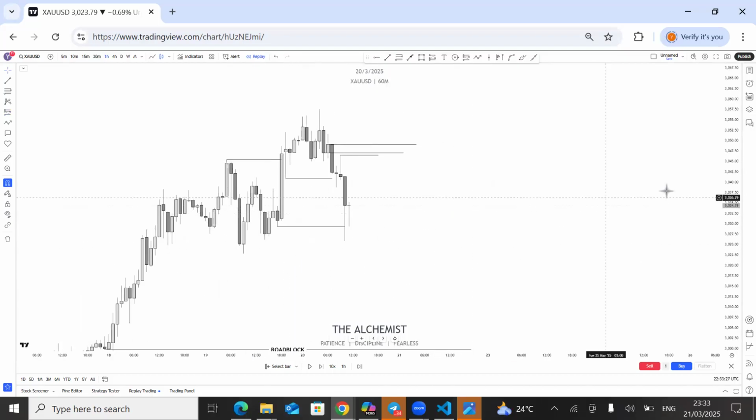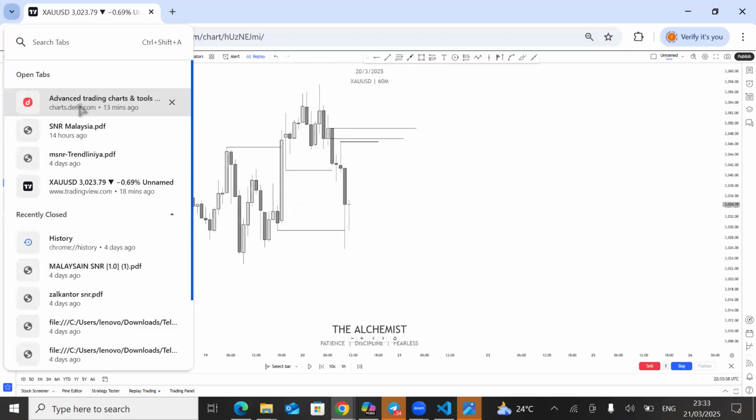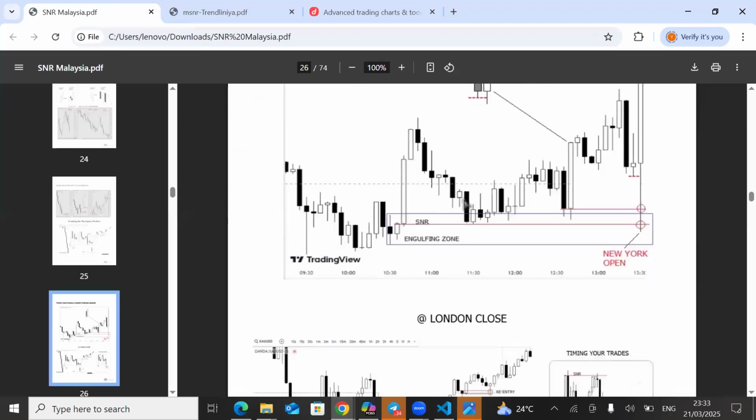And I told you, to confirm a trend line confluence, it should be in alignment with engulfing candlesticks. Trend lines should be in alignment with our engulfing candlestick, I think. Let me show you.